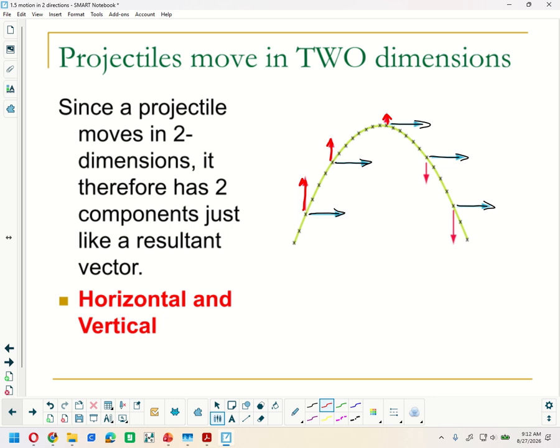Think of Newton's law. What does Newton's law say? Give me the whole thing. Everything that goes up must come down, right? So in that sense, why must it go down? Gravity.